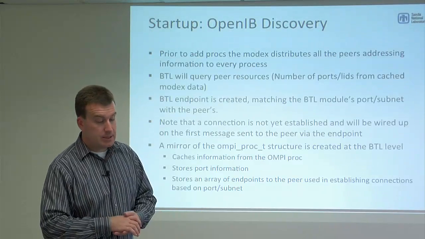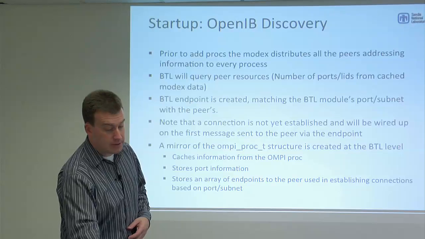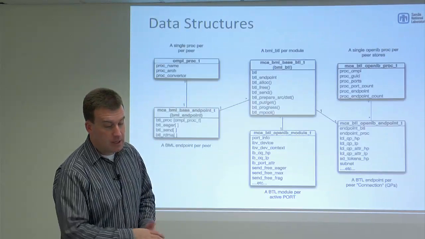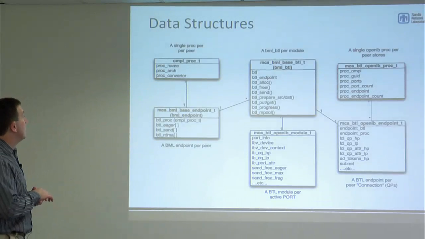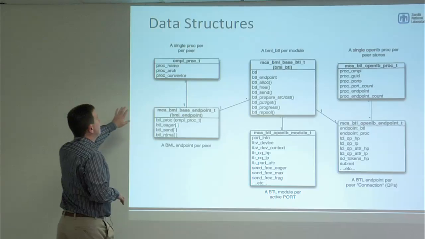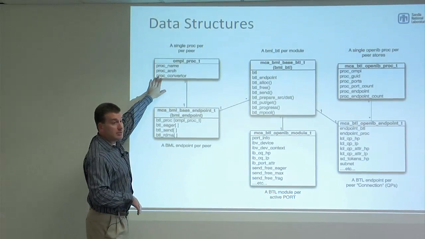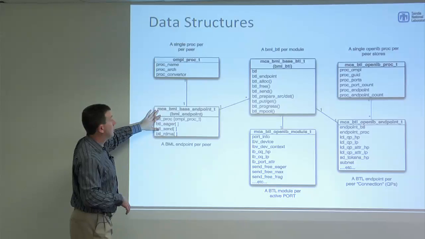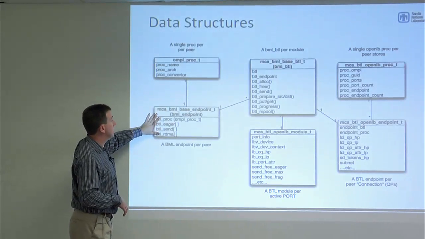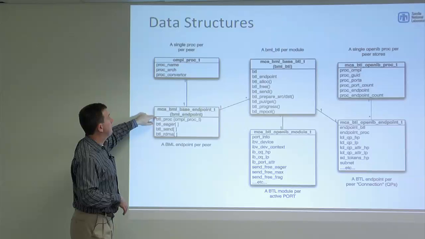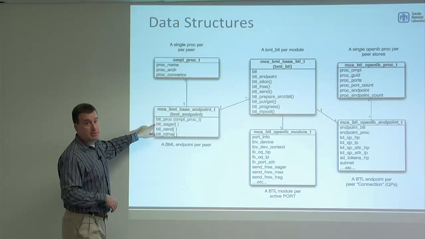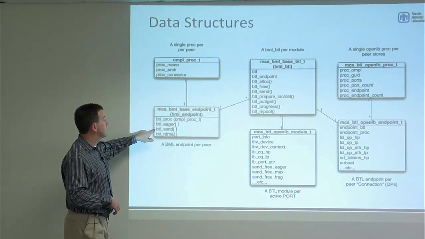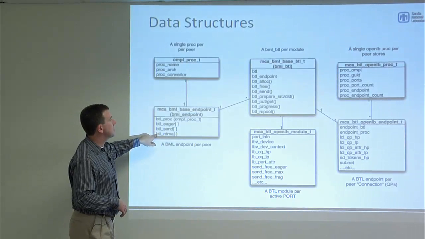So OpenIB discovery, we kind of went through already how that all occurs. And you end up with this mess of a data structure. Off the end of a given ompi_proc_t sits a BML base endpoint. Off of that is a back pointer for various reasons, the list of eager BTLs that can send to that process, the list of send BTLs and RDMA BTLs.